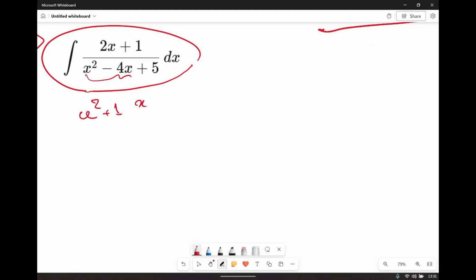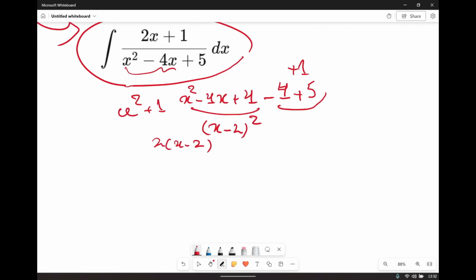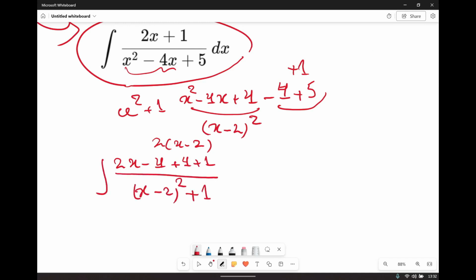Okay, therefore I write x power 2 minus 4x plus 4 minus 4 plus 5, that is 1, and that is x minus 2 power 2. But what do I change in the top? I first produce 2 multiplied by x minus 2, and in the top it is 2x minus 4 plus 4 plus 1, divided by x minus 2 power 2 plus 1, dx.